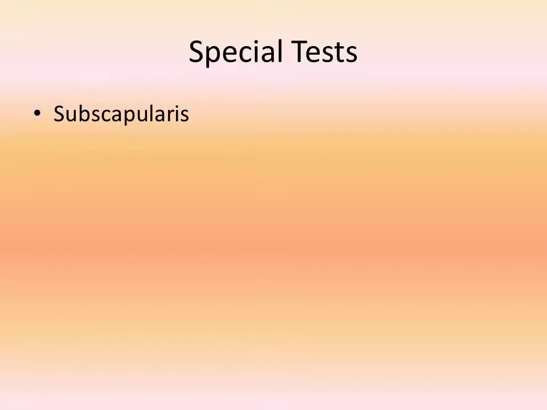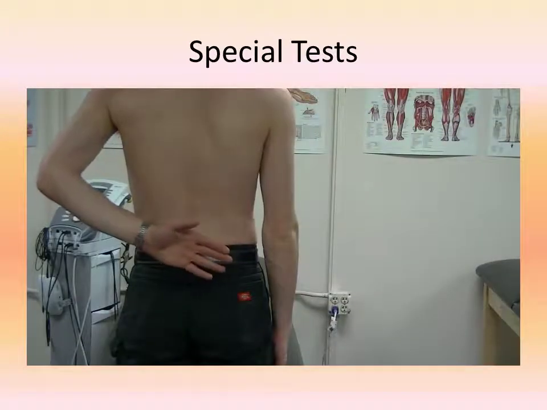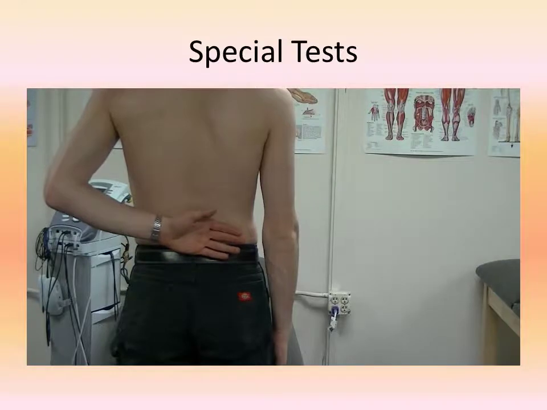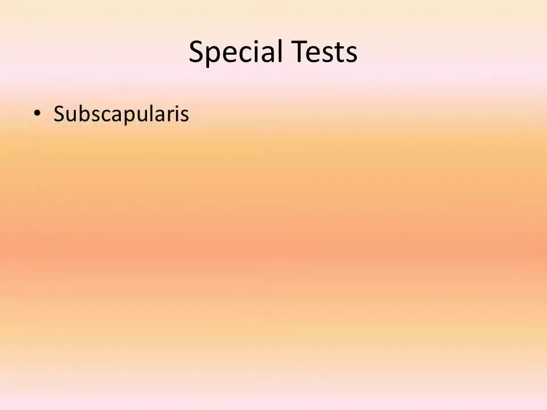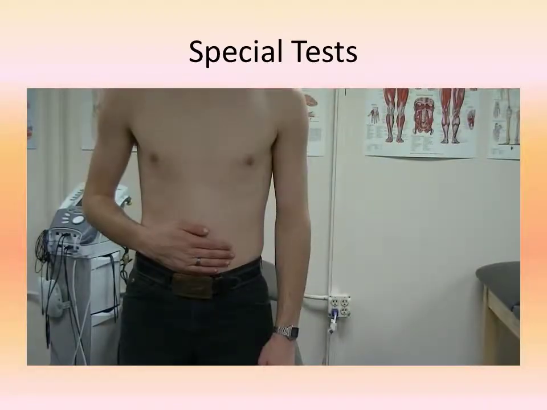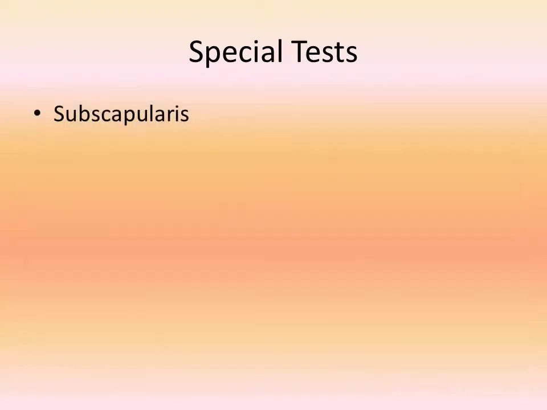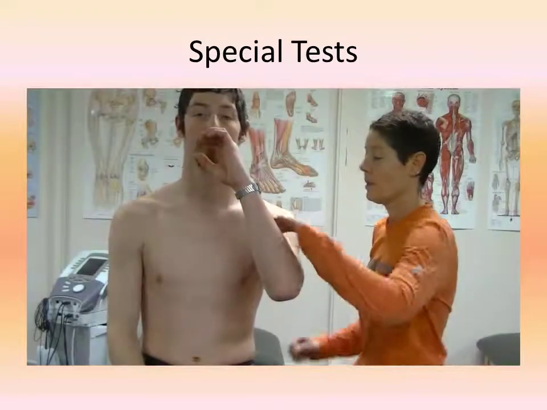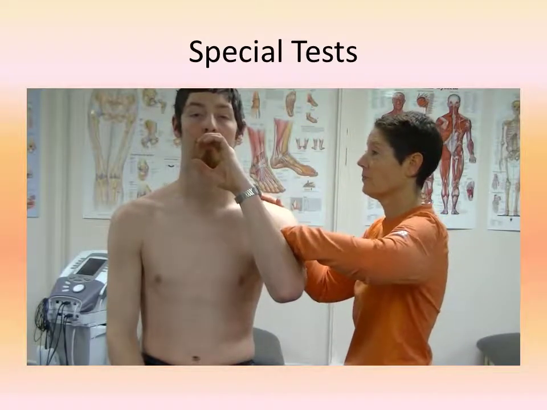The lift-off test has the hand on the back, and when the person is doing the lift-off test, you want to see if they are just lifting straight off the back. We don't want them rotating their arm off the back. They can also perform a belly press or a belly button test, and that's just showing that they have strength against their stomach. For the infraspinatus and teres minor, a horn blower's test can be performed.